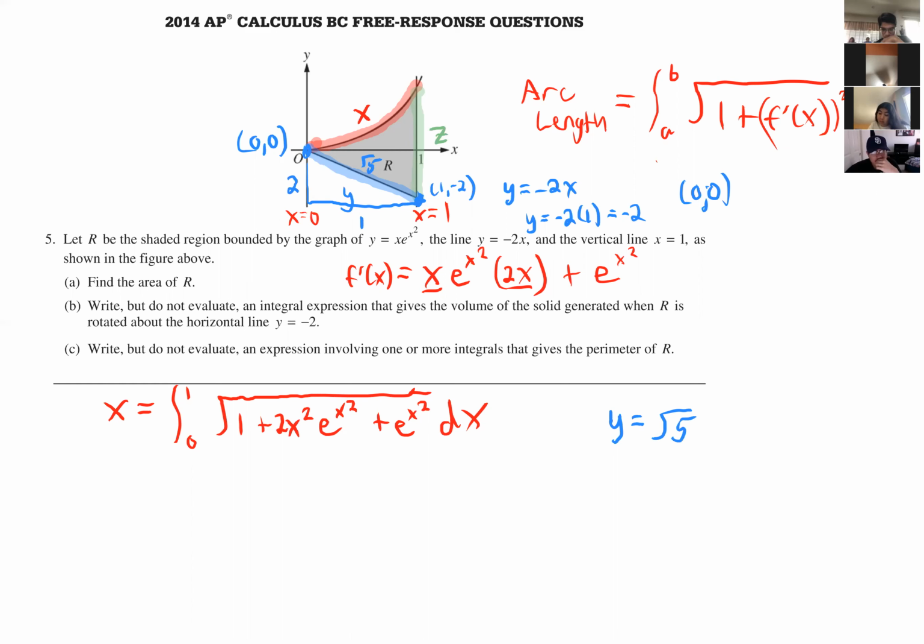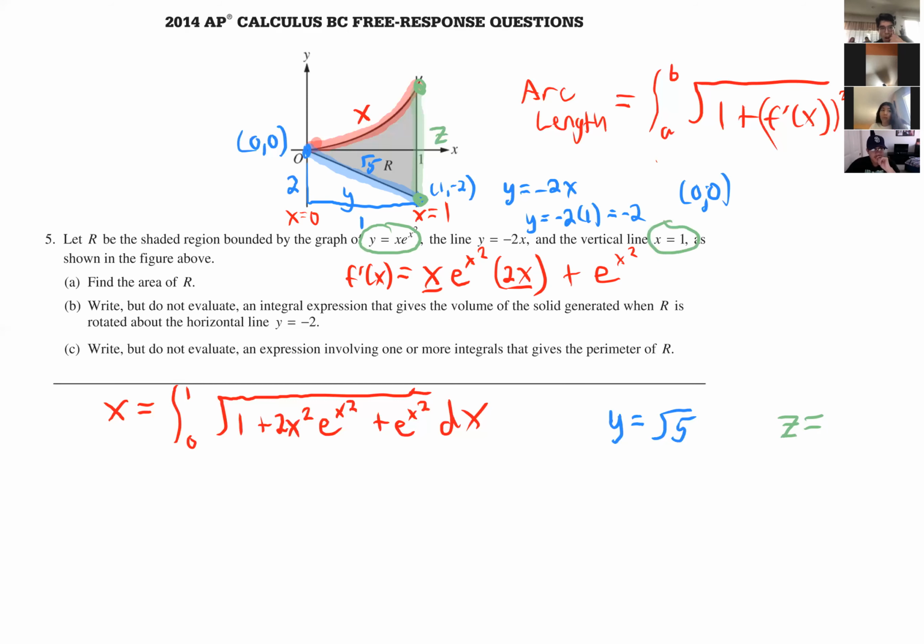And lastly, to find z, I'm going from this point down to this point. So we know this point down here has a y coordinate of negative 1. Let's find what this y coordinate is. For this equation, it intersects with the line x equals 1.